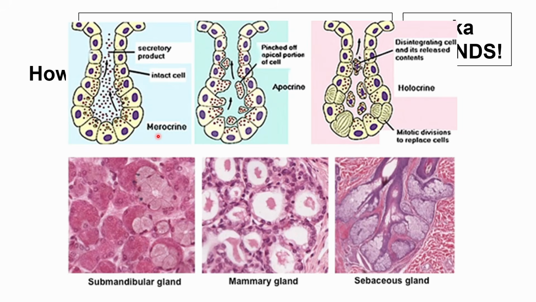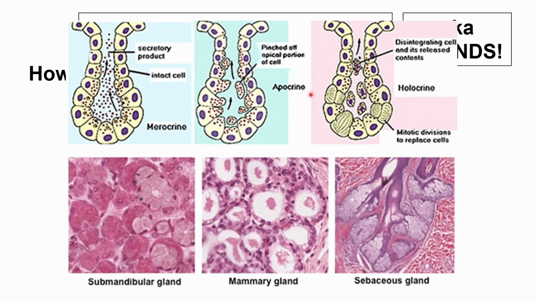Okay? As you can see, it changes the first part of the term or the classification. For the merocrine, most glands will have this method of secretion wherein the secretions are secreted out by themselves. Only the secretory products contained in small vesicles are excreted out.